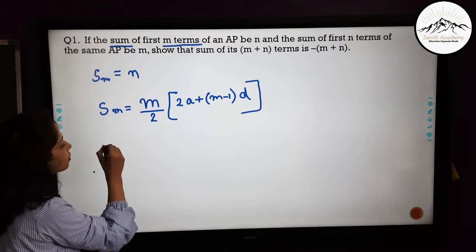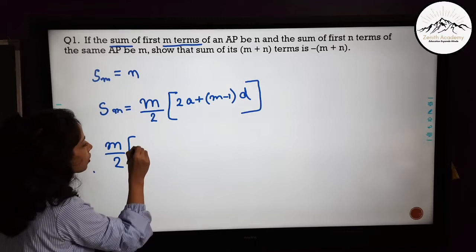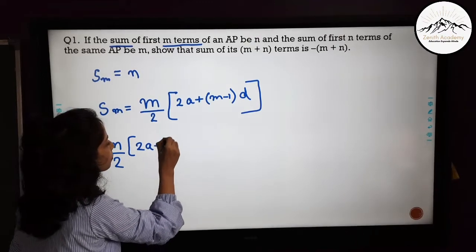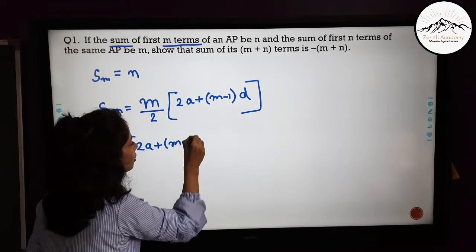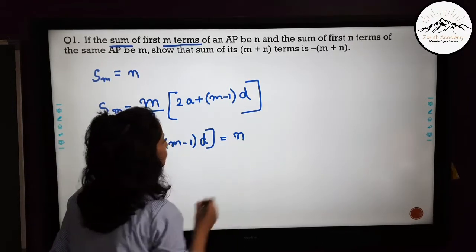So now just simplify this. m by 2, 2a plus (m minus 1) into d is equal to n.